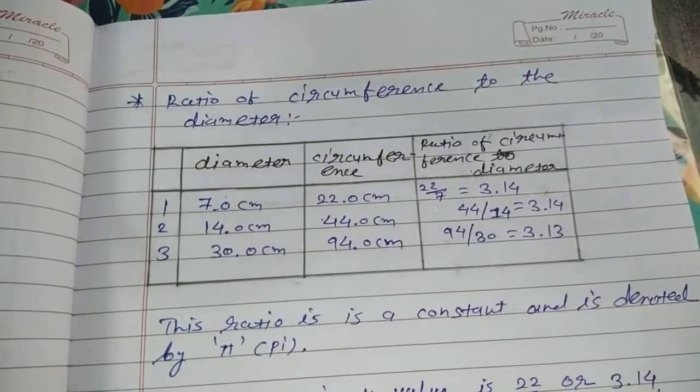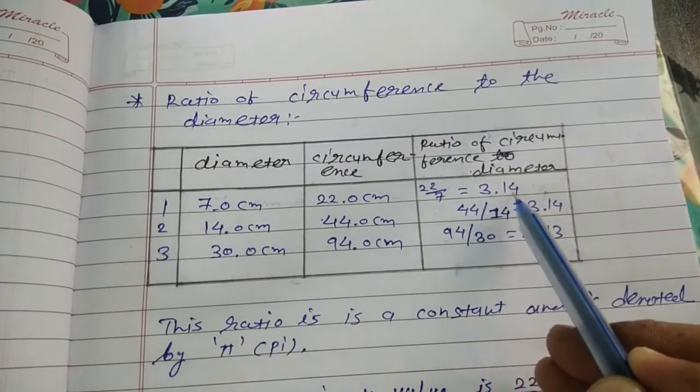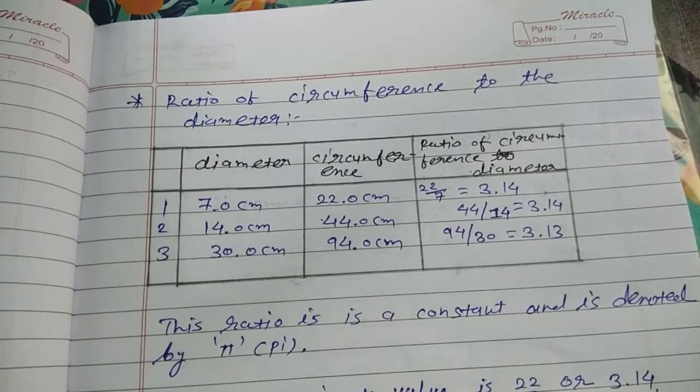Next, ratio of circumference to the diameter. If we take some circles and manually measure their diameter and circumference, we find that the circumference of a circle is more than 3 times the diameter. That means if we find the ratio of circumference to the diameter, we find that the ratio is approximately 3.14 or 22 divided by 7.